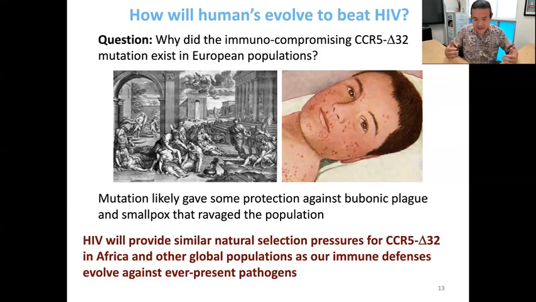HIV today provides that similar natural selection process, a selection pressure to favor the CCR5 delta 32 mutation in places like Africa, right? And over time, perhaps that protection will spread among the human species, and more people will be born with this delta 32 mutation to protect them against things like HIV.